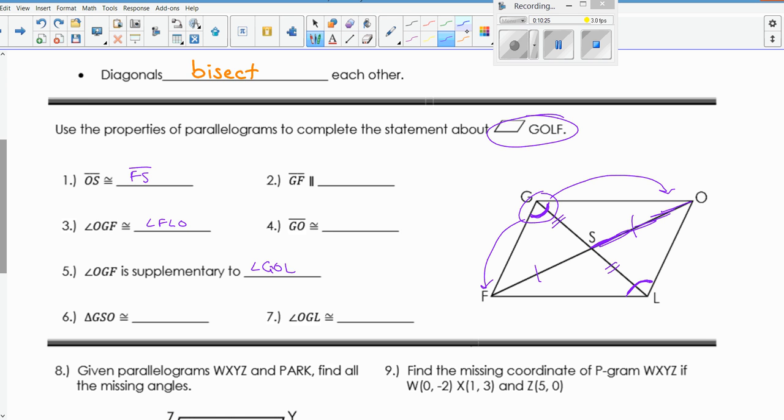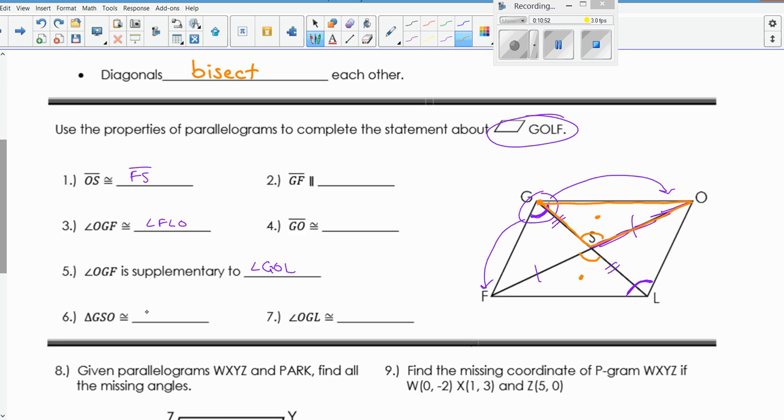Alright. Triangle GSO would be this triangle. That triangle is congruent to this triangle by a lot of different properties, but one of them would be side angle side because of vertical angles.